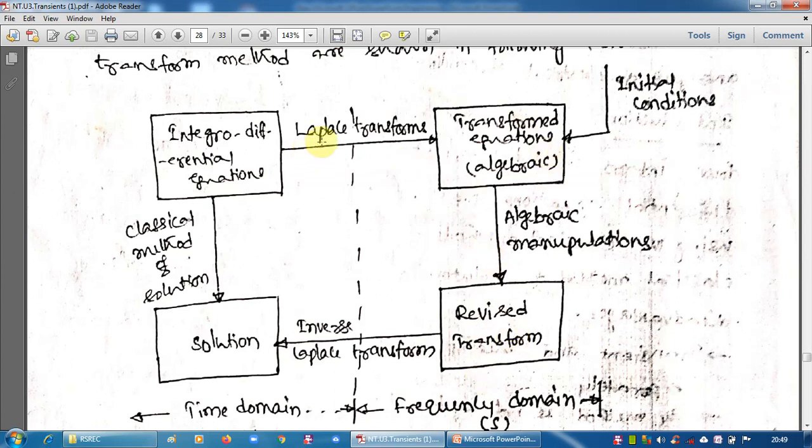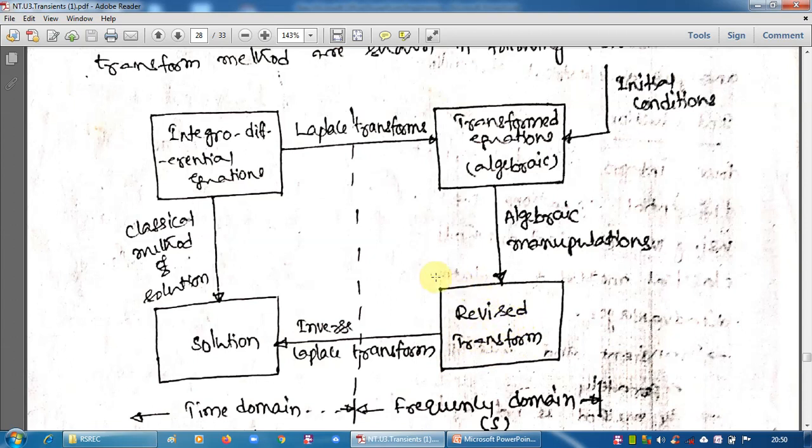First, apply Laplace transform. We will be getting equations in S domain. These equations are to be arranged as per your requirement. Okay, and the solution. For example, if you want I, we have to write expression for I. So that I will be in terms of S domain, frequency domain.